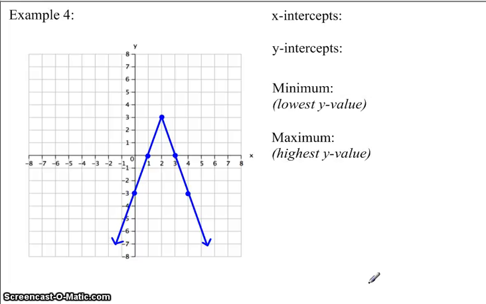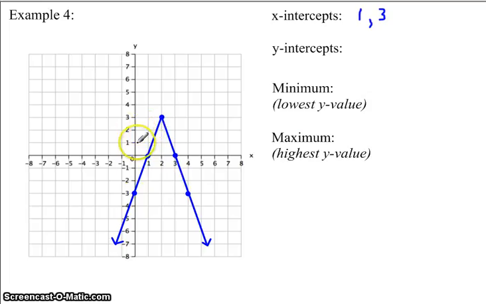This is what's called an absolute value function. Pause the video here, copy this graph down nice and neat, and then resume it. Okay. The x-intercepts. It looks like it crosses the x-axis twice at 1 and 3. Y-intercepts.